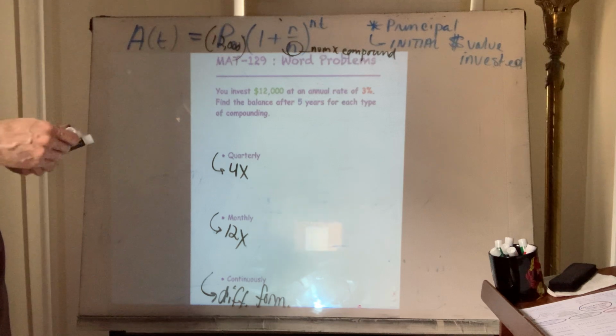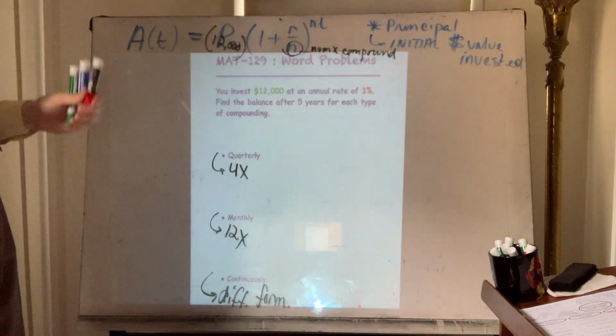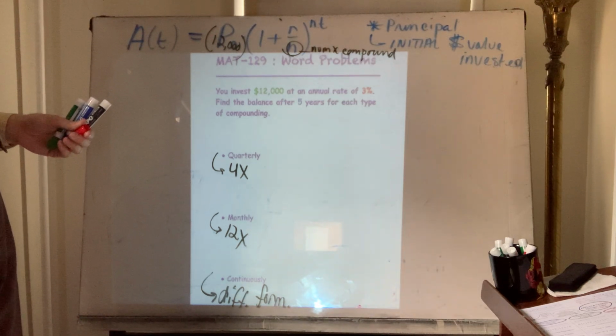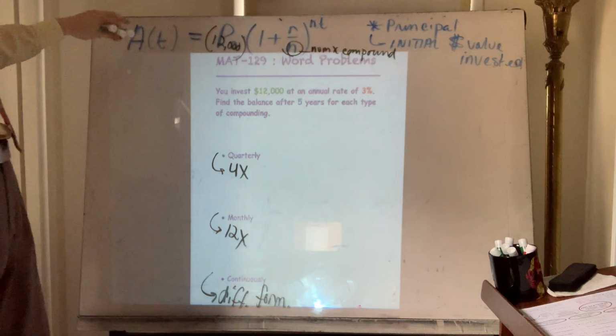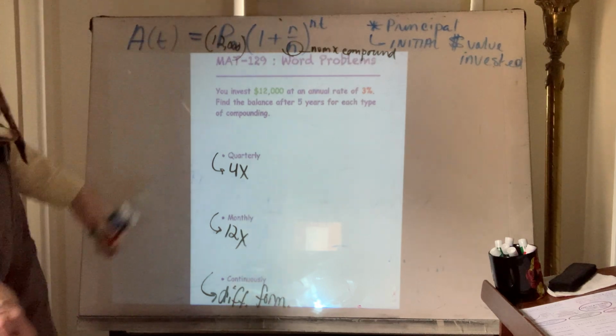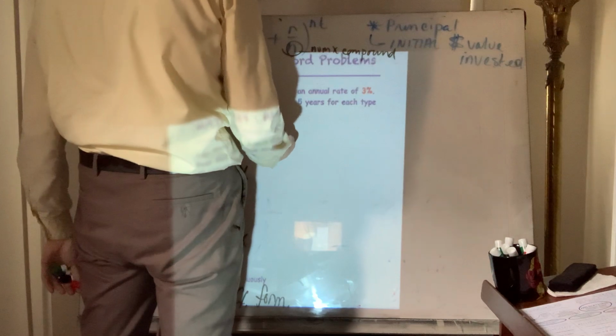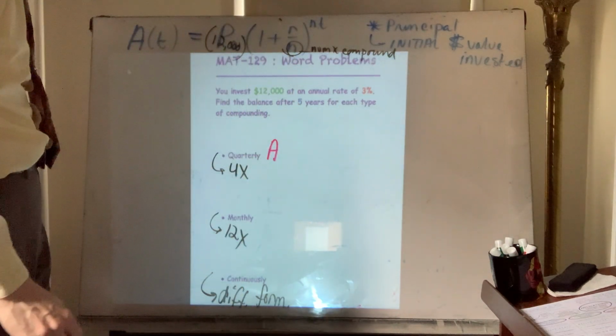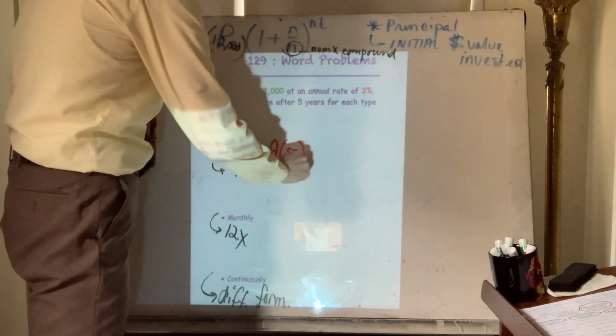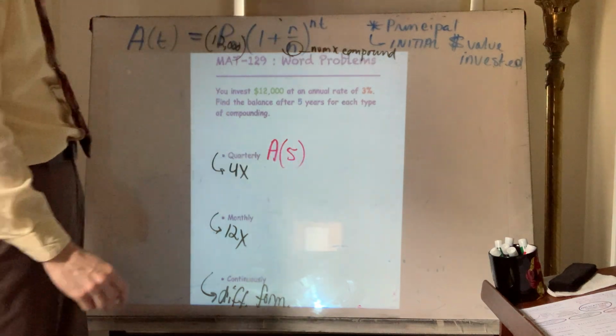We're going to find the balance of the account as a function of time after 5 years, so technically a 5 would sit there.